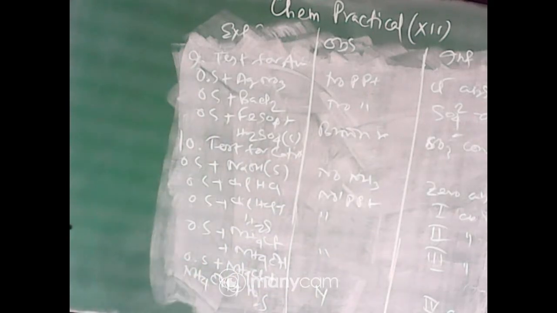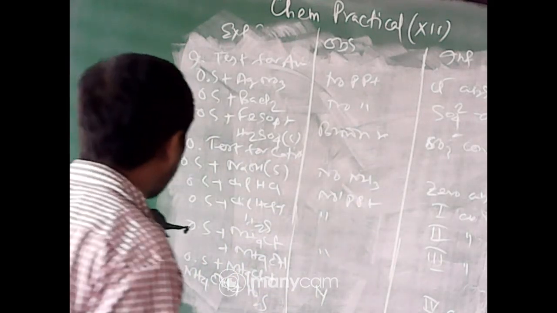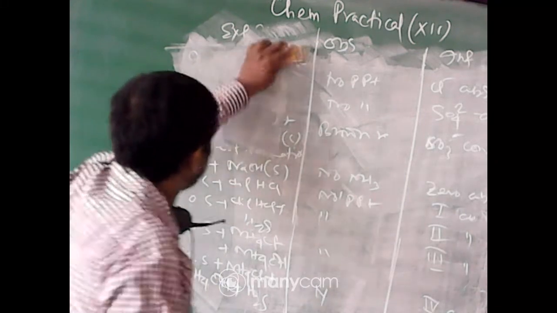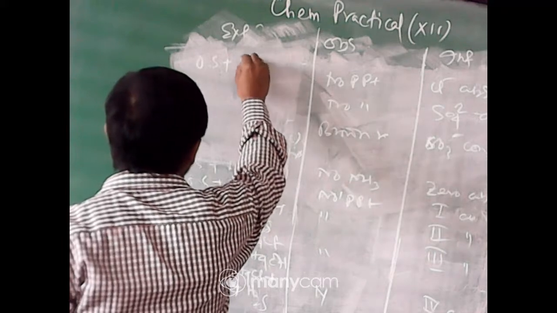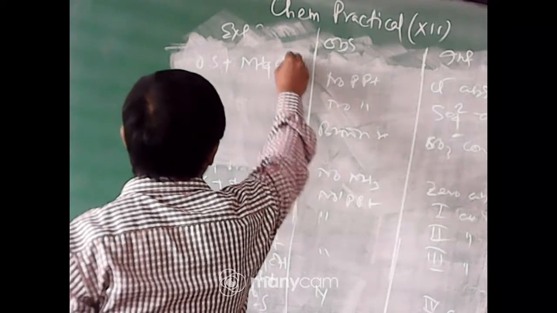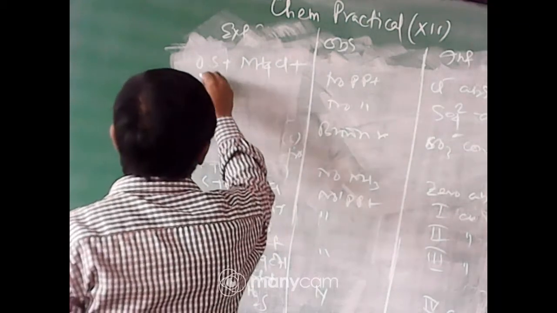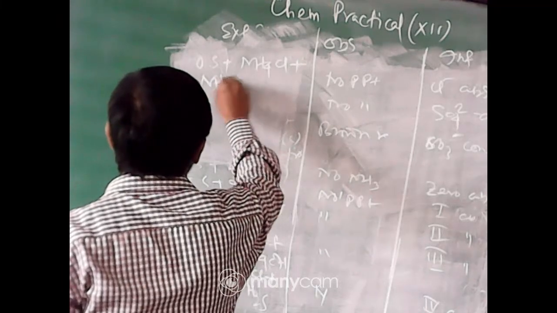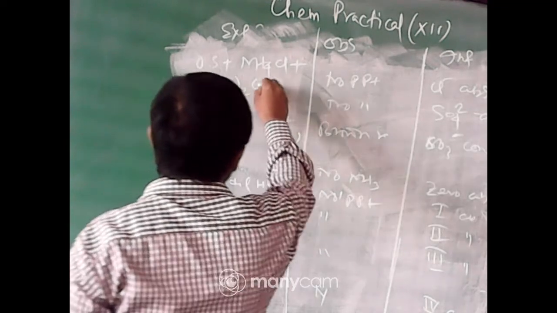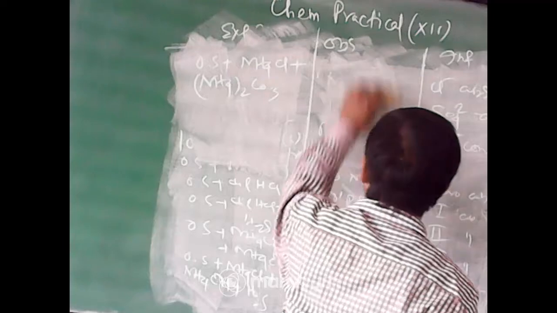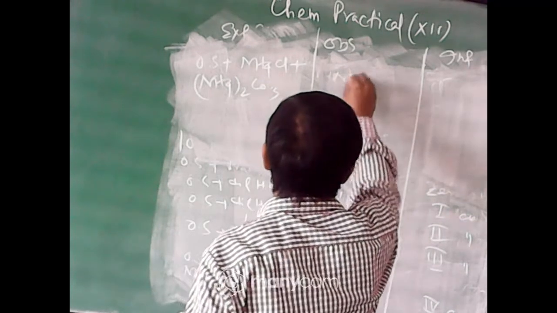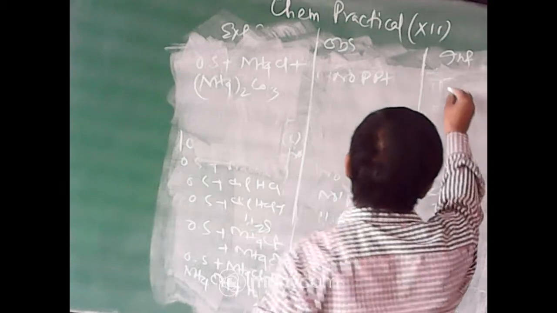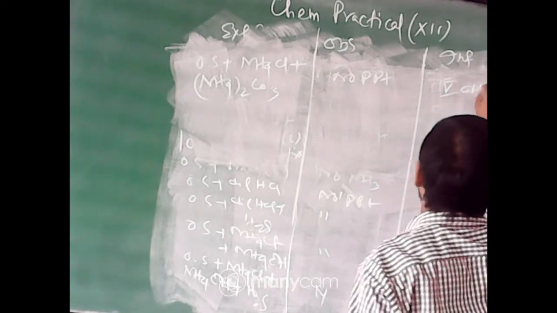Okay, next we will go for the test for group 5. So OS plus NH4Cl plus (NH4)2CO3, saturated ammonium carbonate solution, that is for group 5, no PPT, group 5 absent.